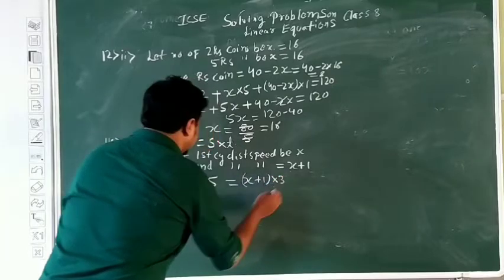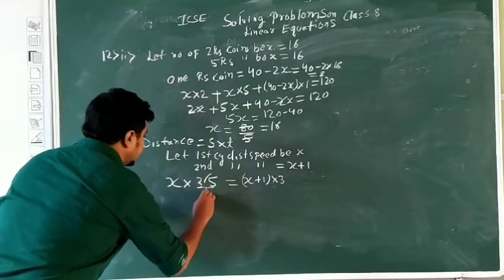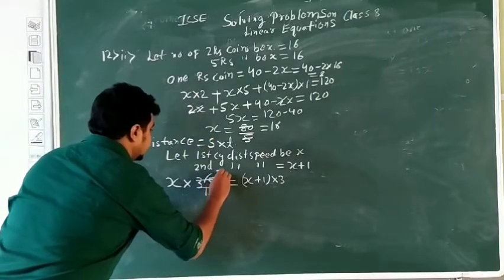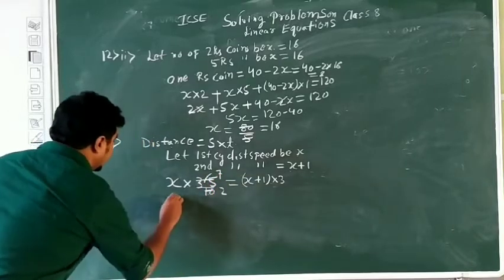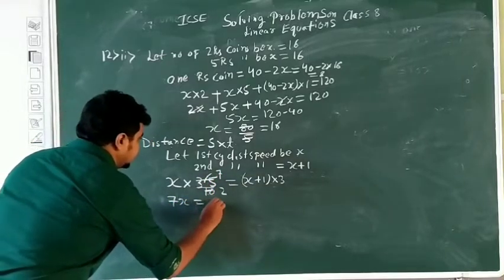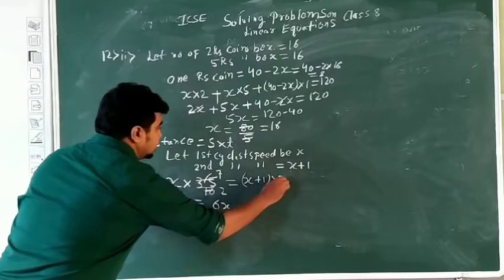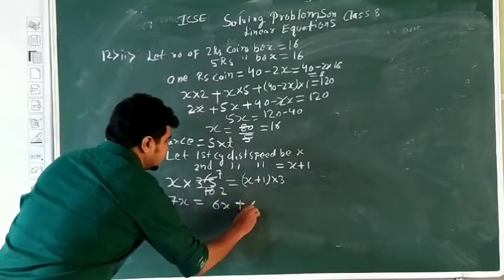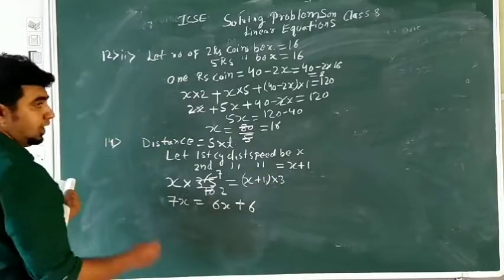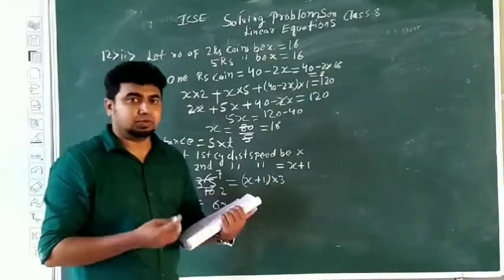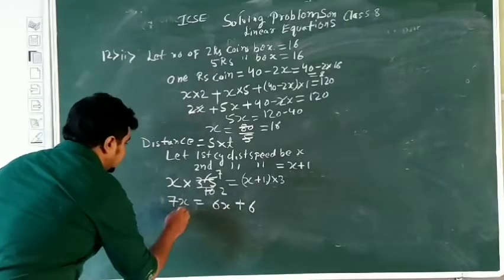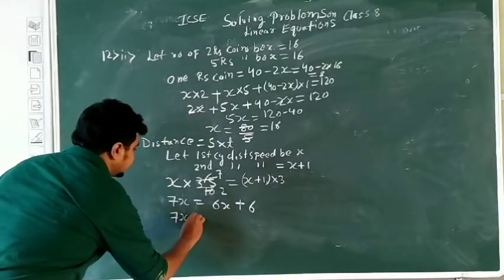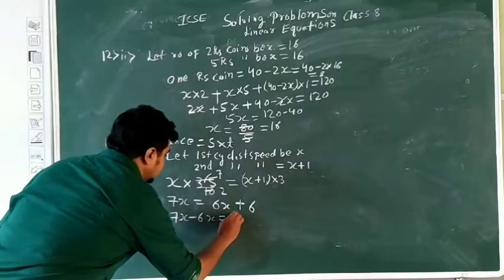and x plus 1 into 3. So from here we are getting 7 by 2 x will be equal to 3 into x plus 3 into 1. So 7x will be equal to 6x plus 6, since 2 into 3 is 6, 6 into x is 6x, and 6 into 1 is 6. So 7x minus 6x is equal to 6.